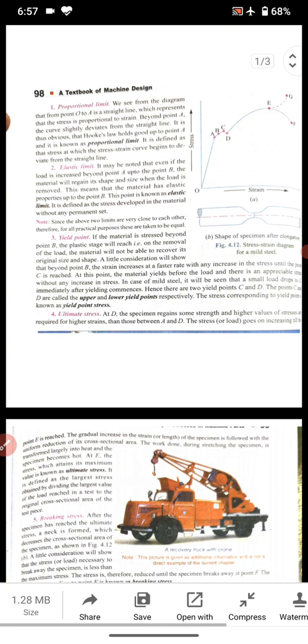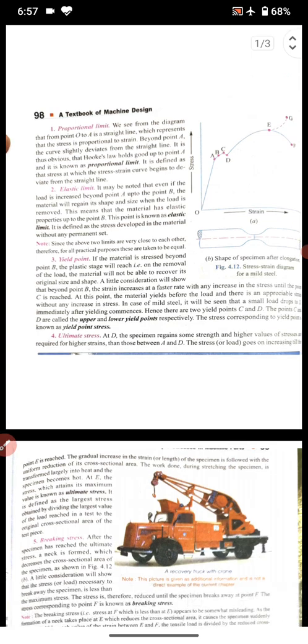You may take A is equal to B for your practical application or for calculation purpose.